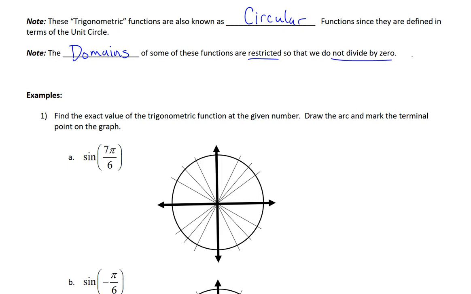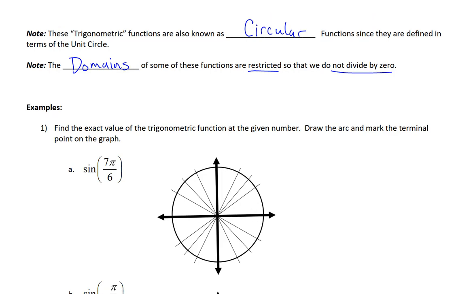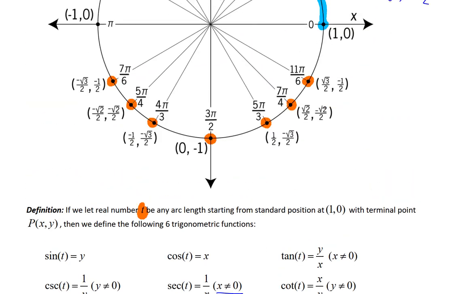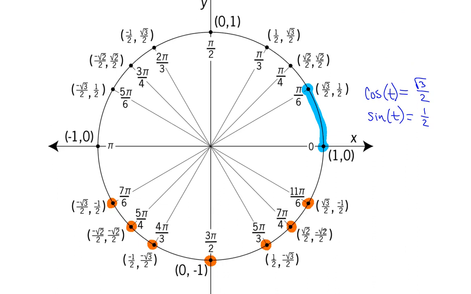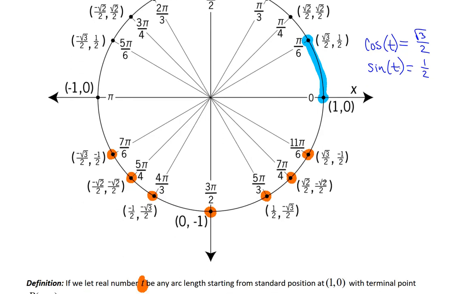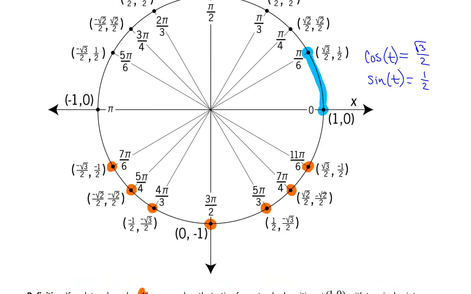Now, what can be somewhat tricky or confusing at first with these trig functions is the fact that we are possibly used to using x for the domain or input value. Usually in algebra, that's the case. In trigonometry, now we're using t, and that can be a little confusing because now all of a sudden, wait, what is t? I still see an x, but where does t come from? Remember, t is the arc length, and then x is the x-coordinate of its terminal point.